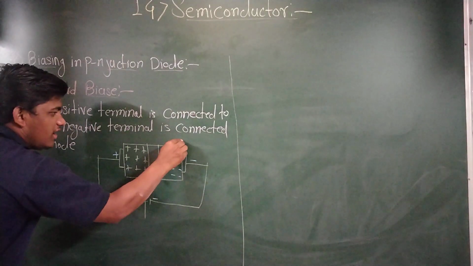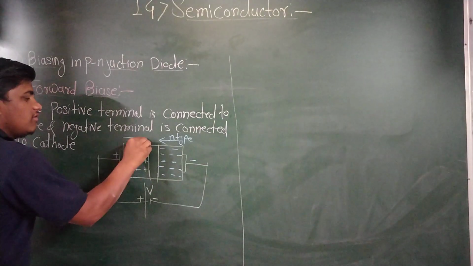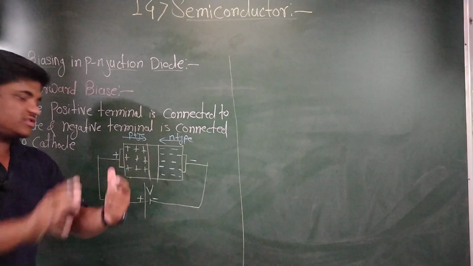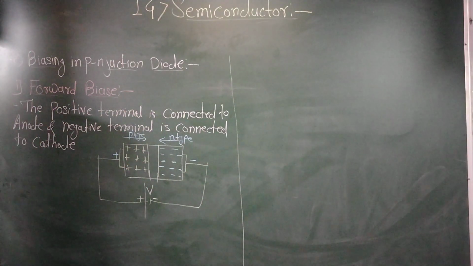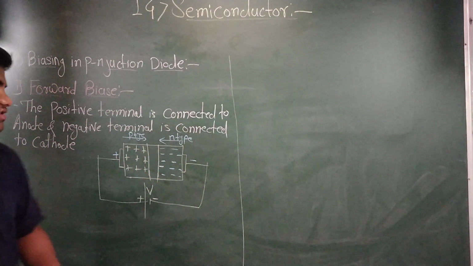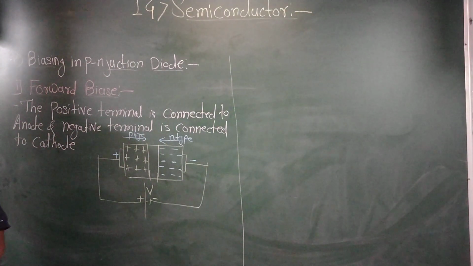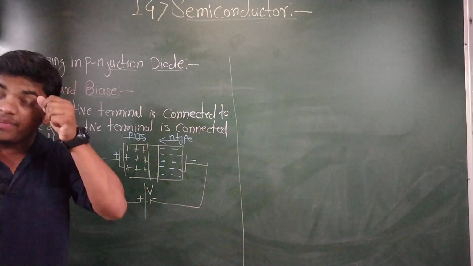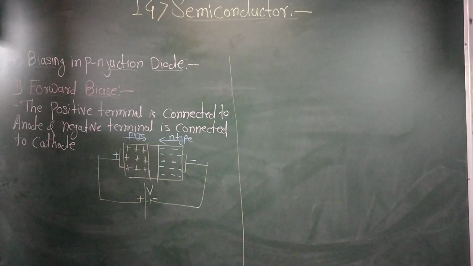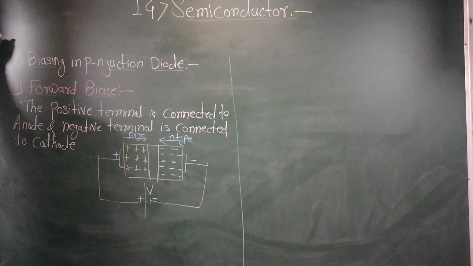The electrons and holes move towards the depletion region, and the depletion region will be reduced. The PN junction has low resistance. If the junction has low resistance, it allows a large amount of current to flow.